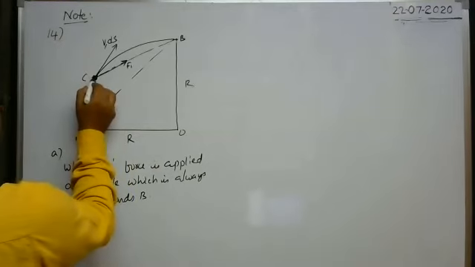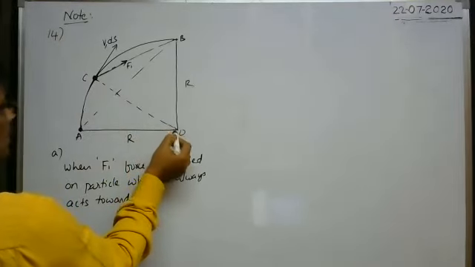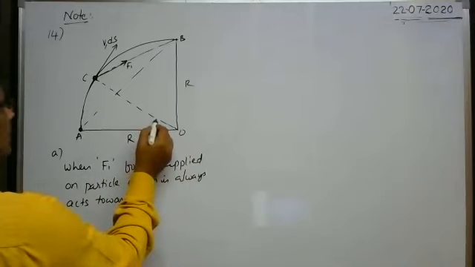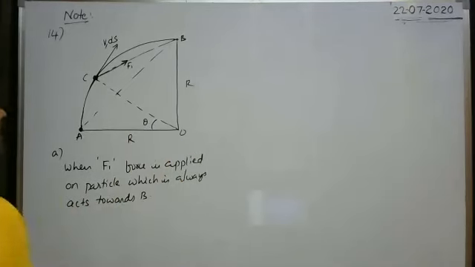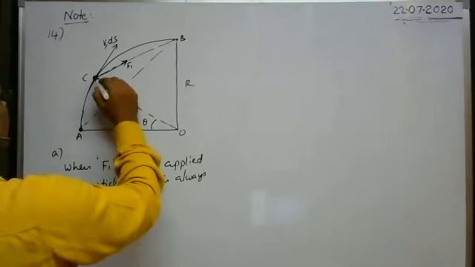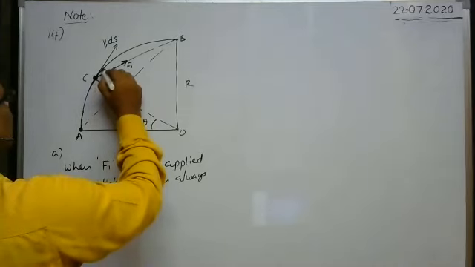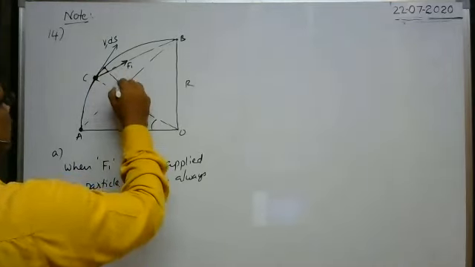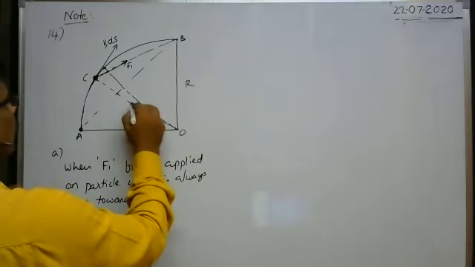the angle made by the position of the particle with respect to O with the horizontal is say theta. Suppose the particle displaces a small distance ds, through an angle say d theta.